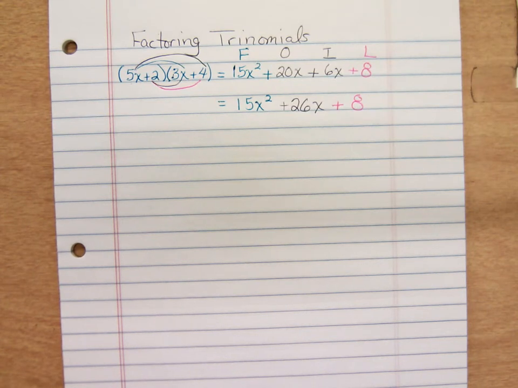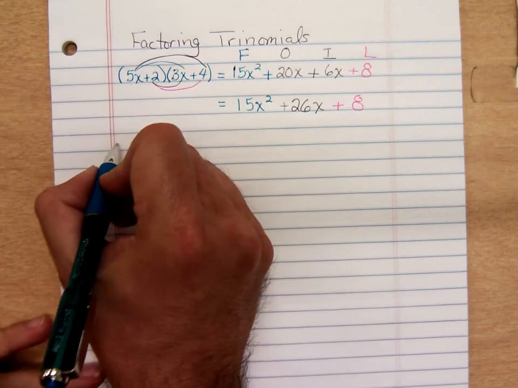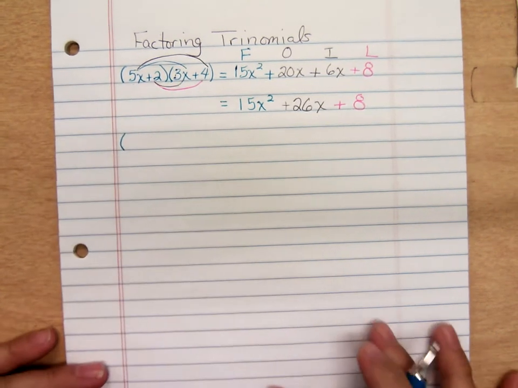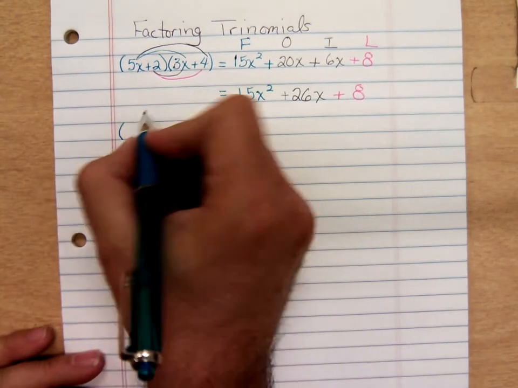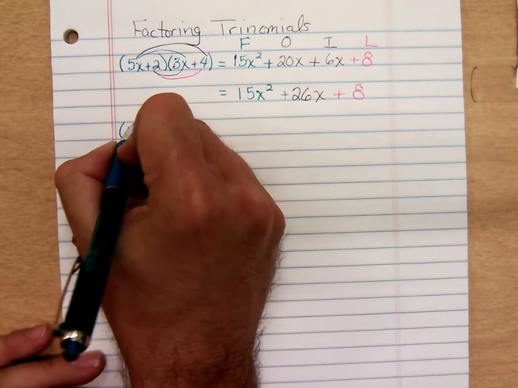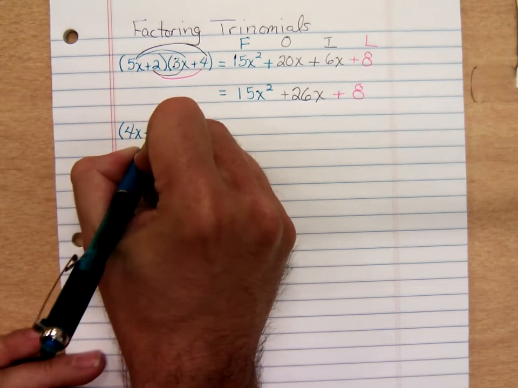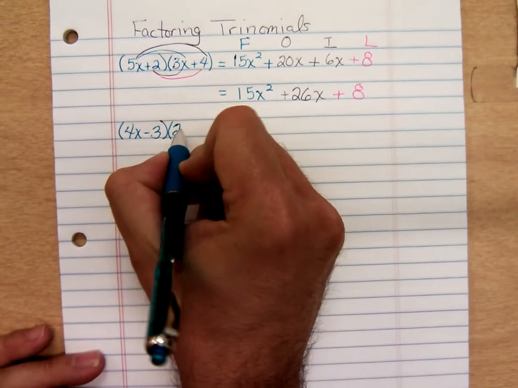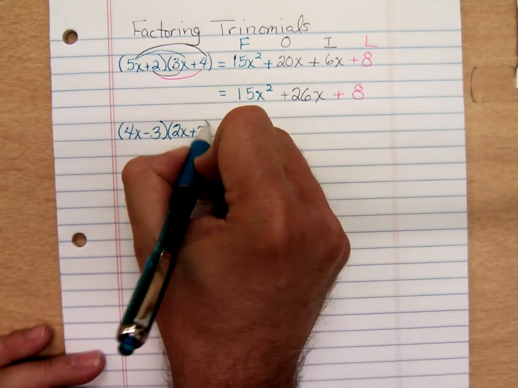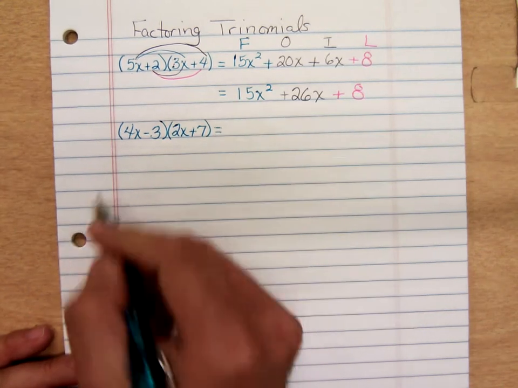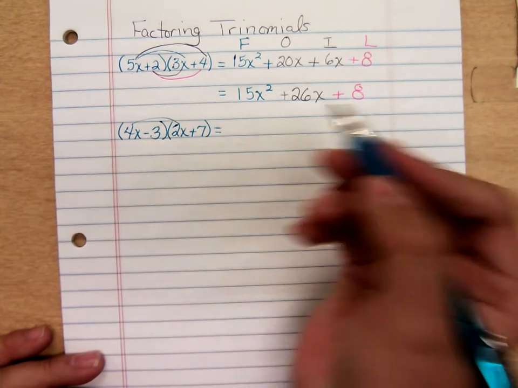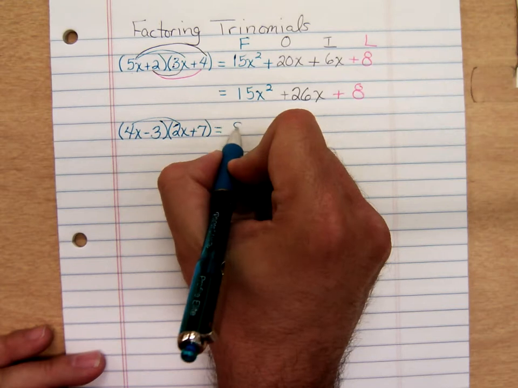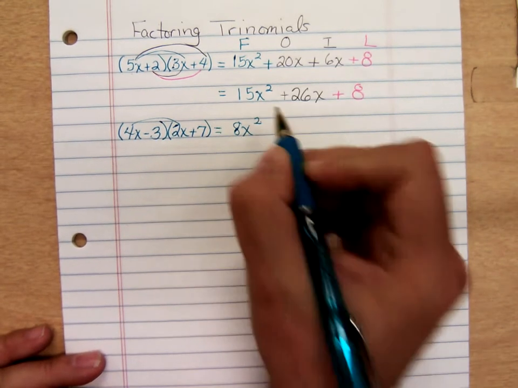Okay, let's do another one here. Here's another example. 4x minus 3 times 2x plus 7. So first, 4x times 2x, 8x squared.